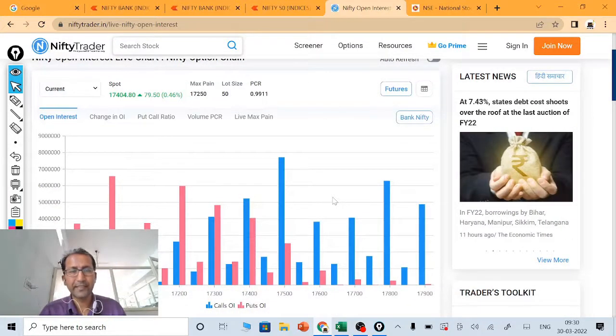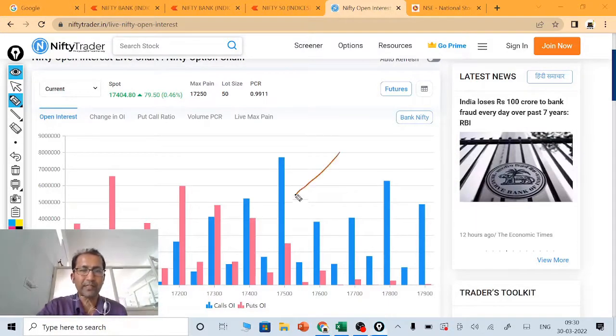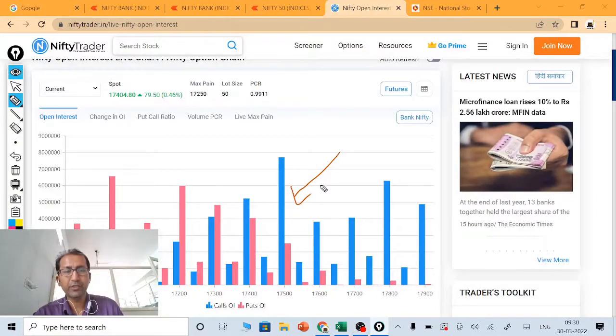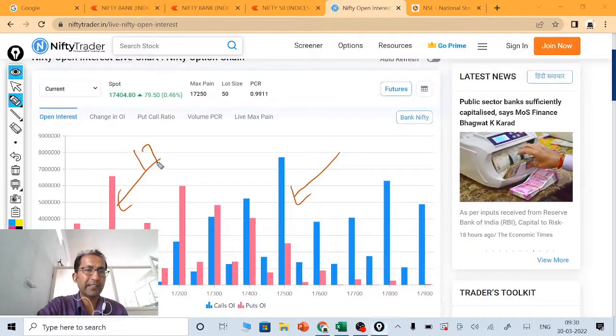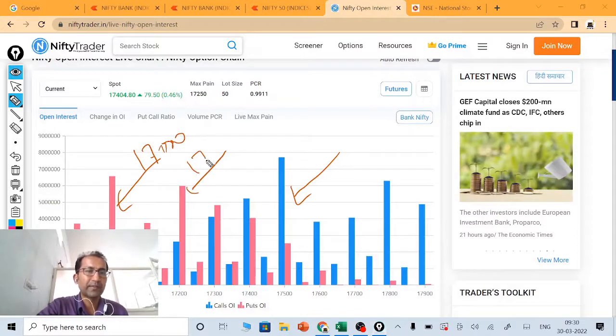At 17,500, there is the highest call build up, and on the put side, the highest build up is at around 17,000, but the next highest build up is at around 17,200.